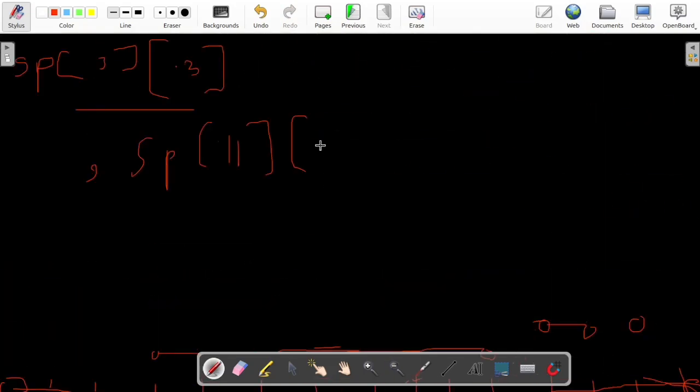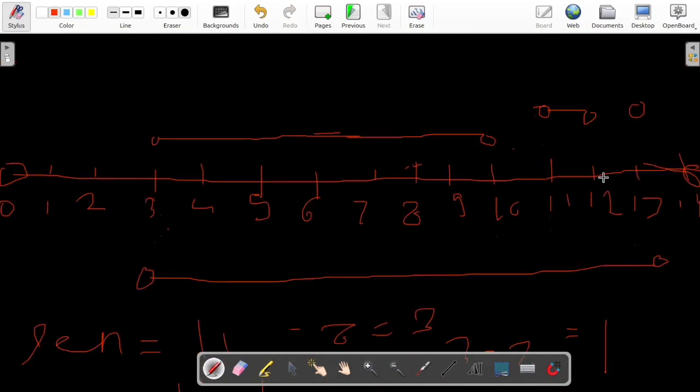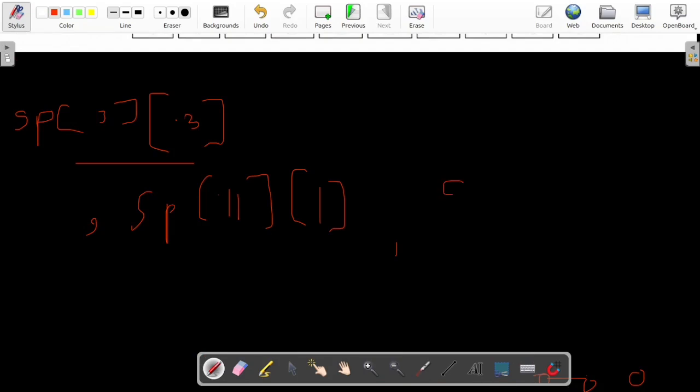We need 2 to the power 1, that is 1. Now this will give us the answer for 11, 12. But we need one more segment of length 1, that is 2 to the power 0. So SP of, and it is starting from 13. So by considering only these three elements, we will simply get our answer. So this is how queries are processed within a sparse table.